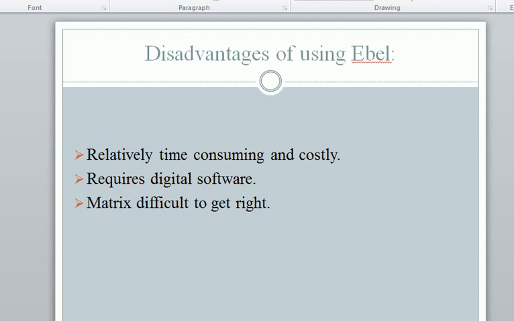So relatively it is a time consuming and costly method, requiring digital software, and involving matrices that are difficult to get right.